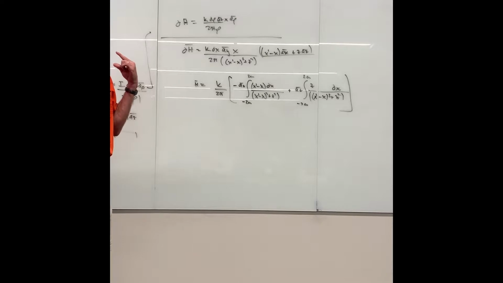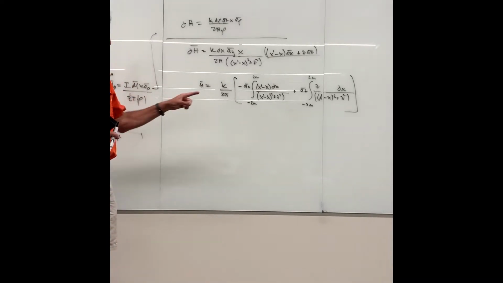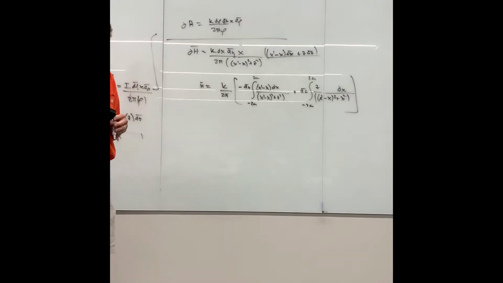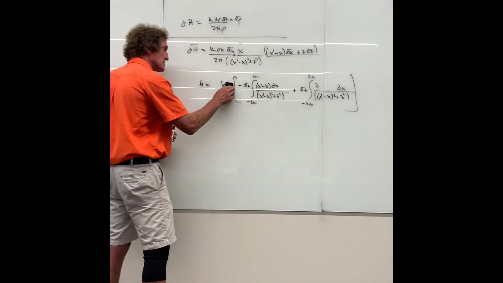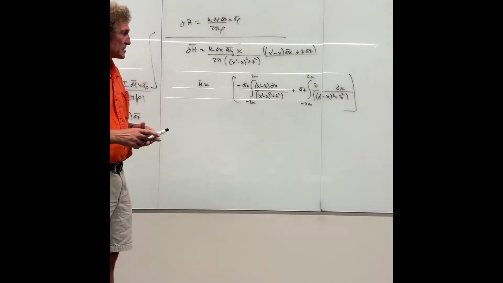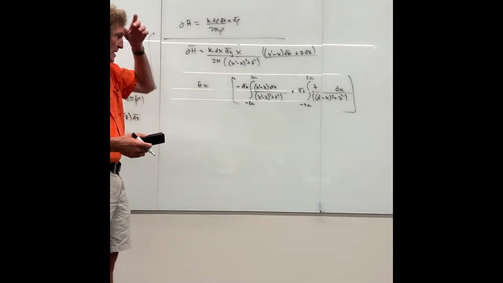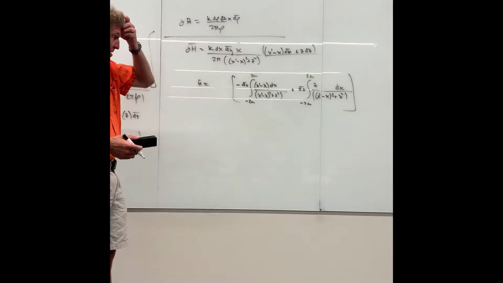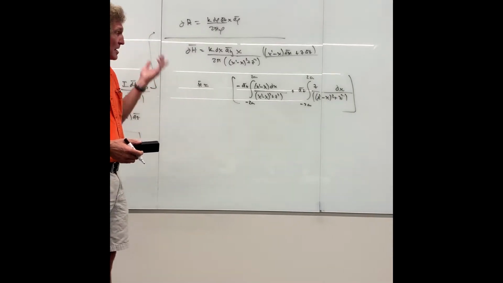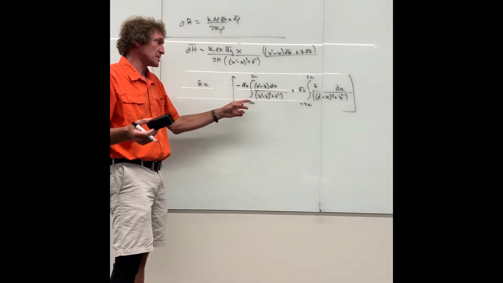You'll notice Dr. Wentworth chose k as 2 pi. So 2 pi over 2 pi is 1. First thing I do is eliminate this, right? Now the next thing when I look at these integrations, if I have x prime minus x over x prime minus x squared plus z squared, obviously the simple thing to do is make the variable, well, you can do this in either way actually.